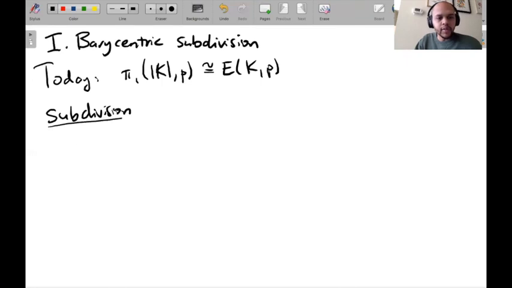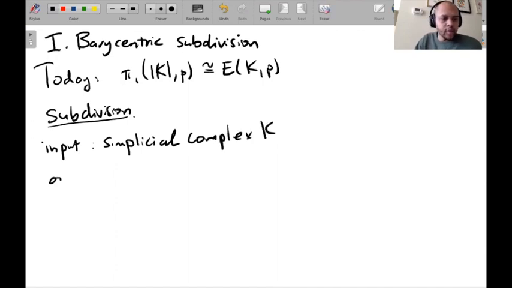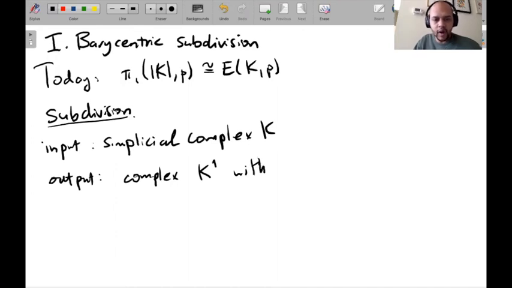So subdivision is a process which takes as input a simplicial complex, K, and outputs a complex that we'll write K1 with two key properties.